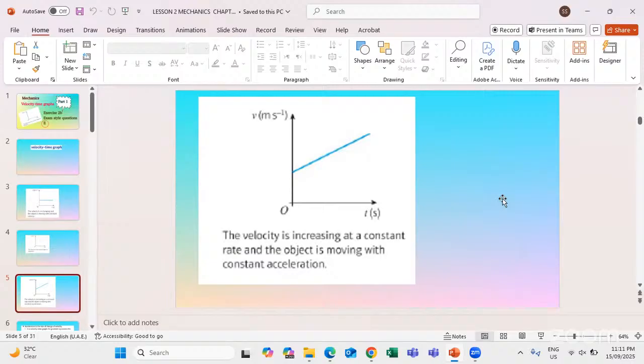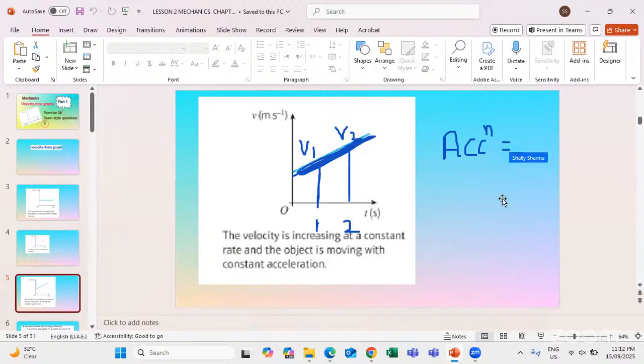Now because this graph is a straight line, for example, if I take this point, here the time is 1 second and here the time is 2 seconds, and let's say the velocity here is v1 and here the velocity is v2. We know that acceleration is equal to the change in velocity over the change in time.